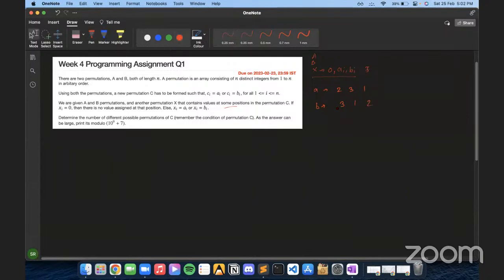And the X permutation is given to us as 0, 0, 0. Now we have to determine the number of permutations possible for C.